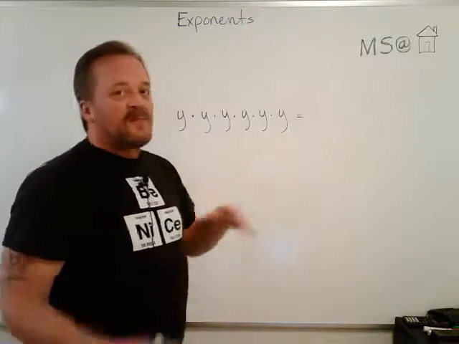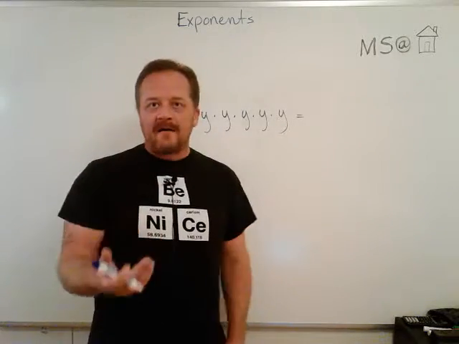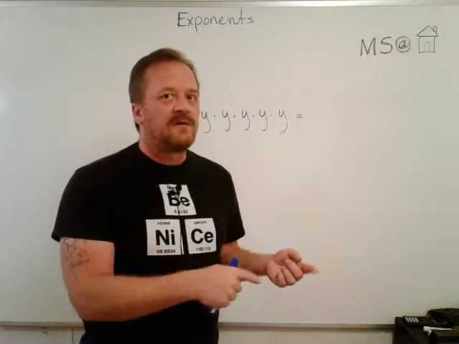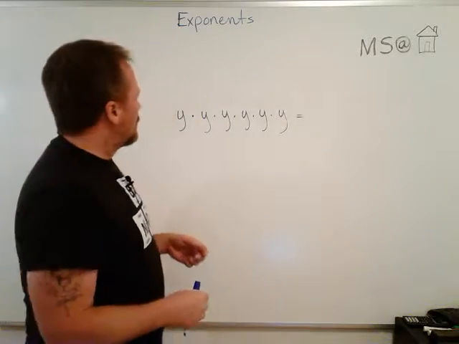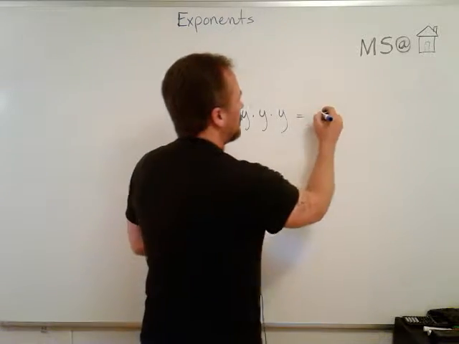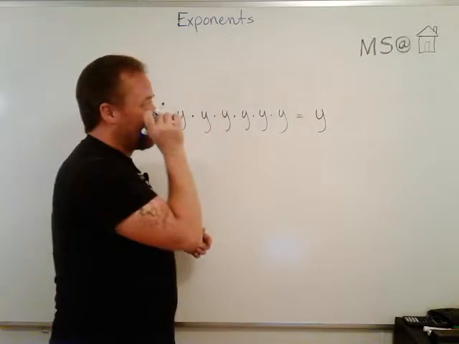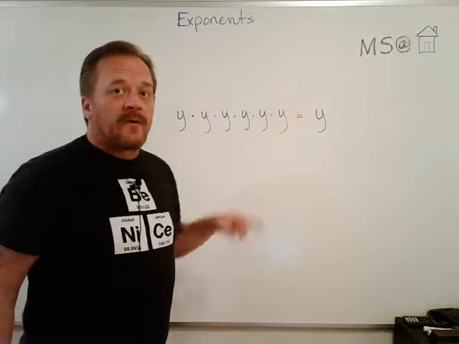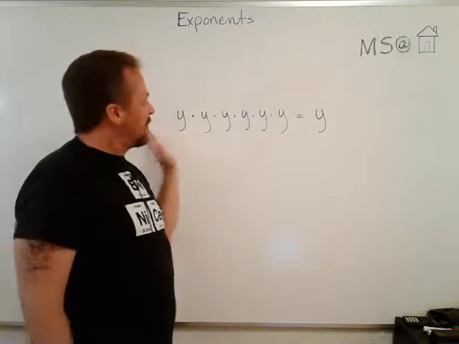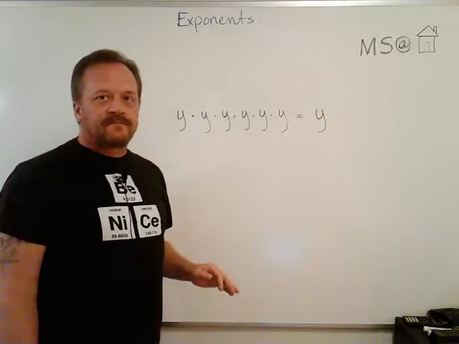Y is what's being repeatedly multiplied, so y is which one, the base or the exponent? It's being represented by the base. So what's the exponent? What power is y being raised to in this situation?